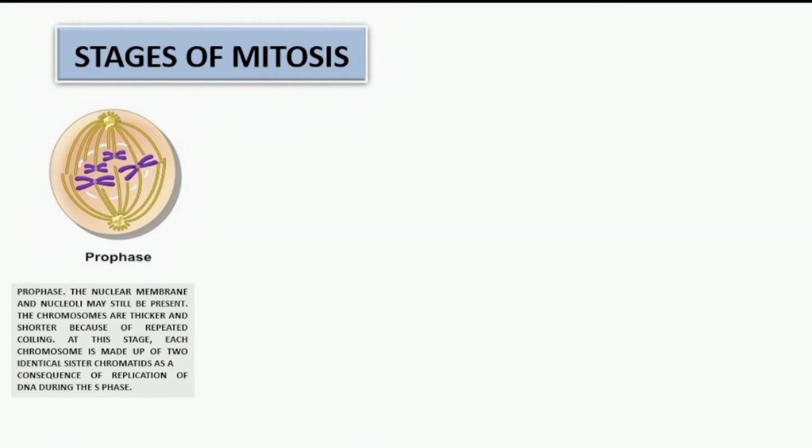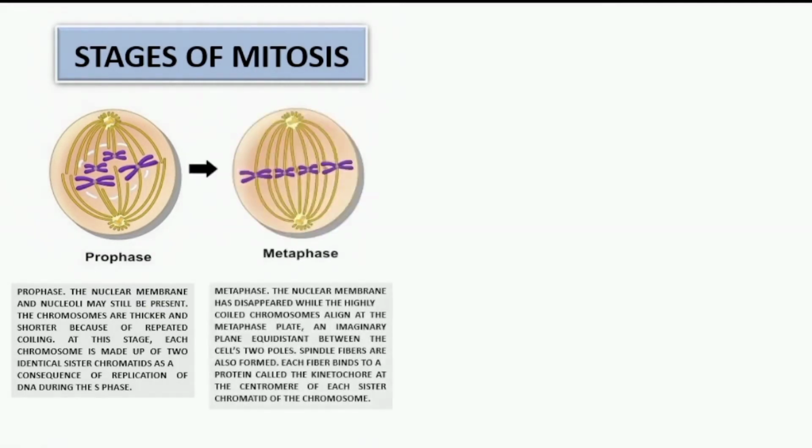The chromosomes are thicker and shorter because of repeated coiling. At this stage, each chromosome is made up of two identical sister chromatids as a consequence of replication of DNA during the synthesis phase.